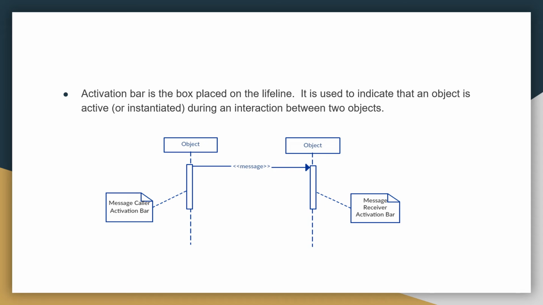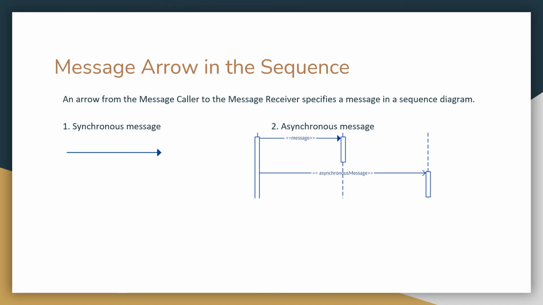In the sequence diagram, an interaction between two objects occurs when one object sends a message to another. Now let's talk about the message arrow in the sequence diagram. An arrow from the message caller to the message receiver specifies a message in the sequence diagram. A message can flow in any direction: from left to right, right to left, or back to the object itself.